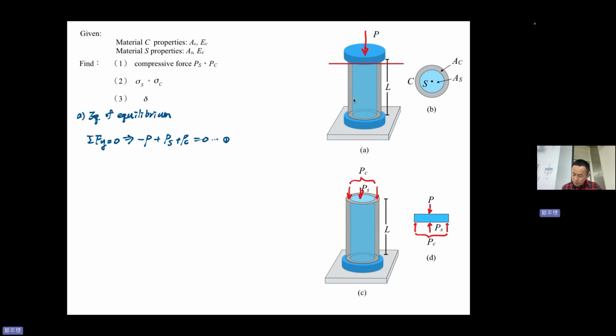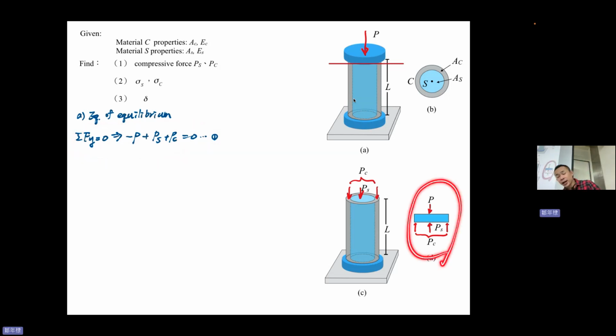First equation. Okay, I guess you know this one is from here, right? Because negative, positive, negative plus positive equal 0. Now we have two unknowns.